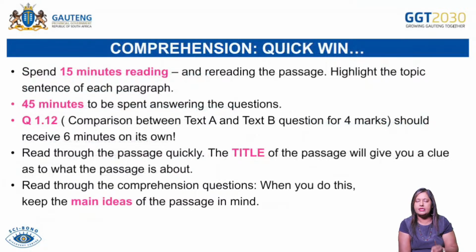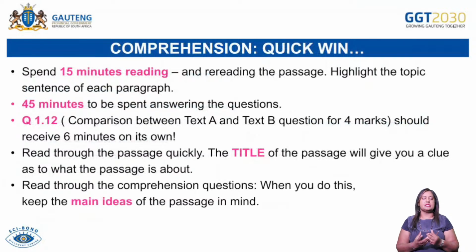When you are reading, you've got to read the text the first time and then reread the text. Because at the second reading, you're going to highlight the important information in the text. You're going to highlight the topic sentence, for example, of each paragraph. Because remember, the other information is built around that topic sentence, okay?